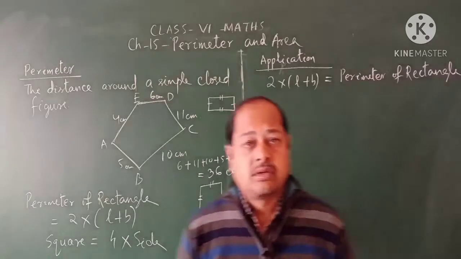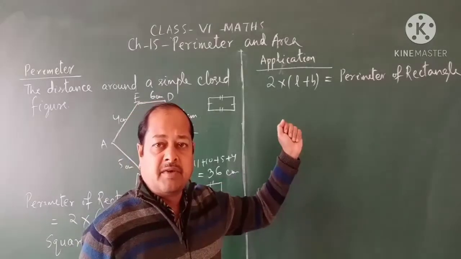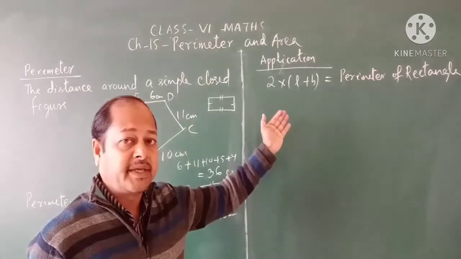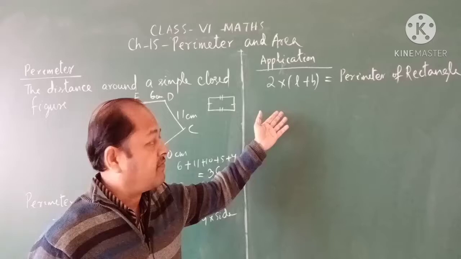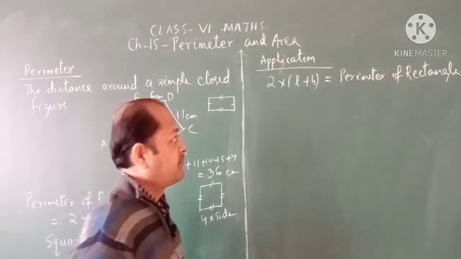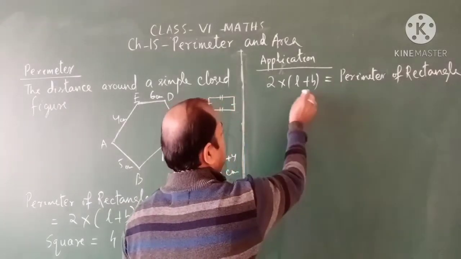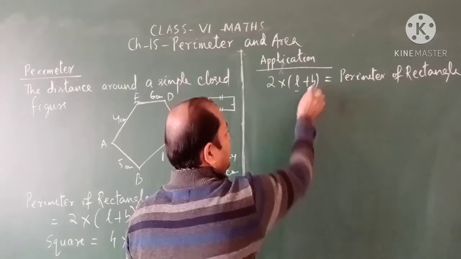Now based on the formula 2 into (length plus breadth) is the perimeter of a rectangle, we can find some applications. Sometimes the perimeter is given with the length, or the perimeter is given with the breadth, and we have to find the other quantity.